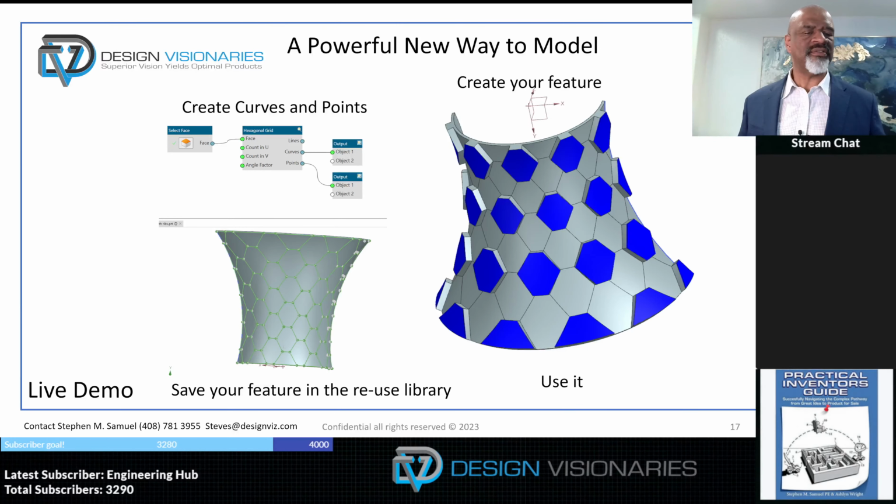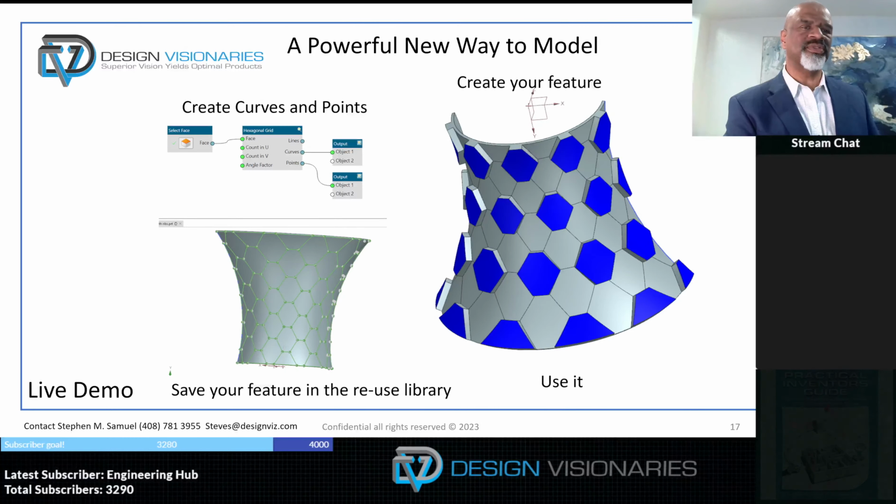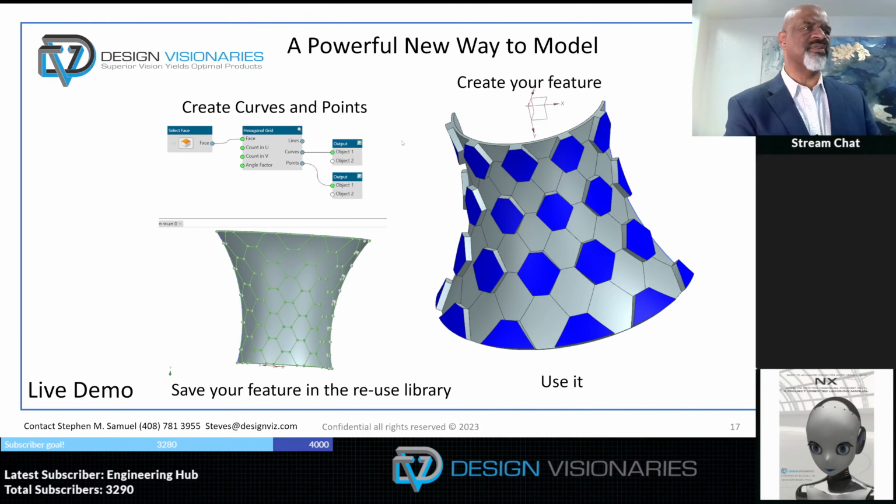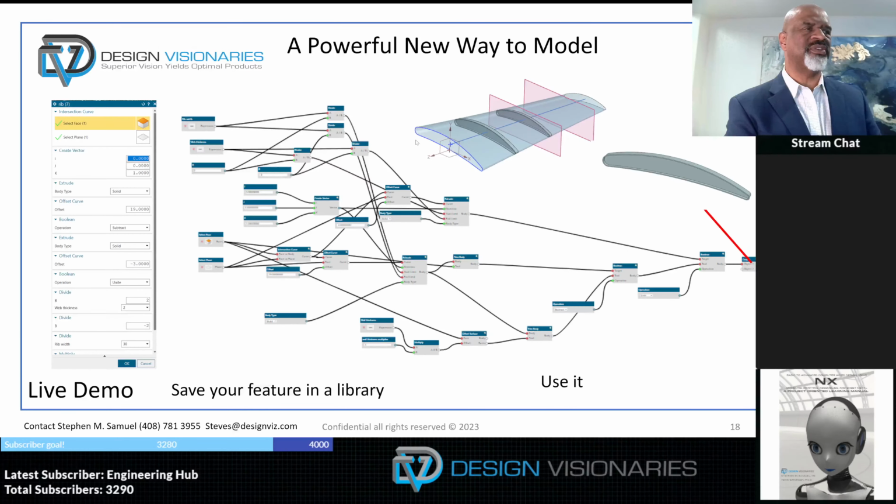And then you have the ability to create these very, very complex and very powerful features, put them in your library, and have them available to everyone. So this is a very, very important part of the ability to model things as exactly and specifically as you need to support your model-based definition.